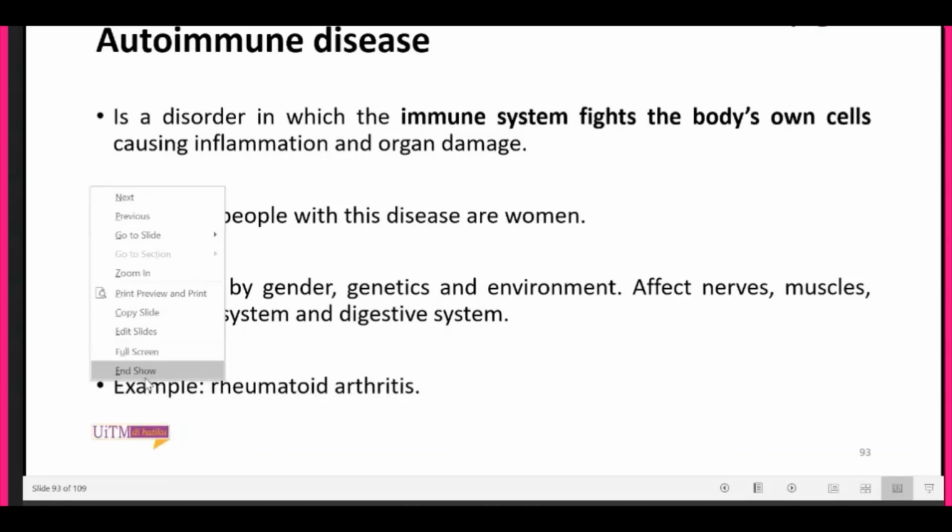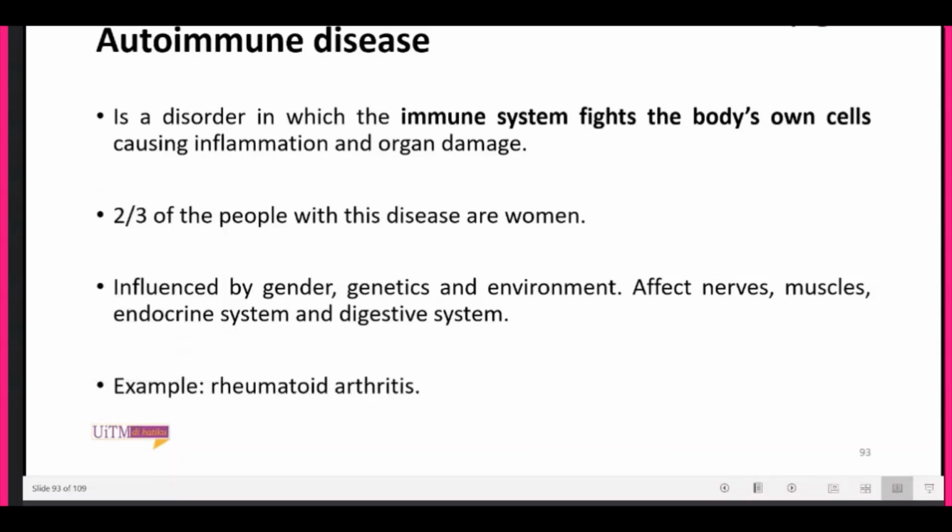Kalau autoimmune disease, your immune system attacking your own body cell. Okay, salah satu adalah contohnya rheumatoid arthritis lah, where the antibody of that person attacks joints kan. So selalu akan sakit kat joints, dekat finger, dekat buku lali ataupun tumit ke ataupun lutut ke at joints. Okay, that is rheumatoid arthritis.